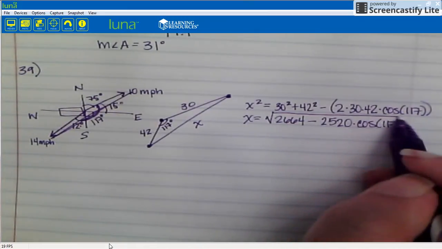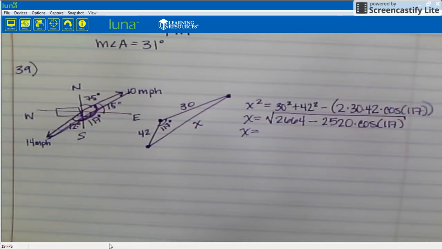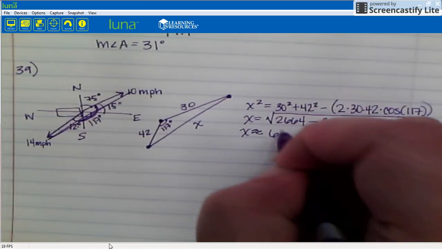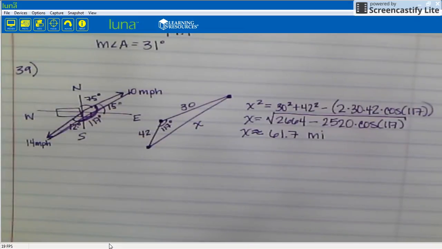I'm just going to let my calculator do all of that work, and it tells us to round off to the nearest tenth of a mile. So x is approximately the square root of 2664 minus 2520 cosine of 117, and this gives me about 61.7 miles apart in 3 hours.